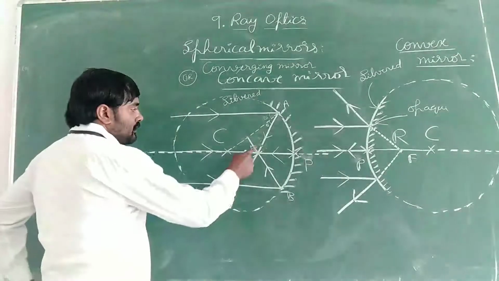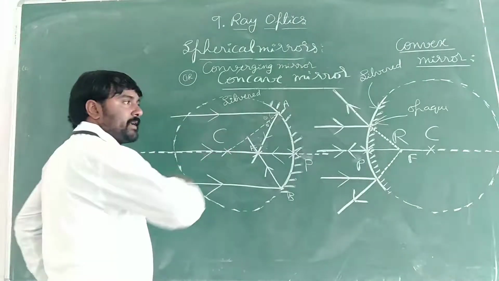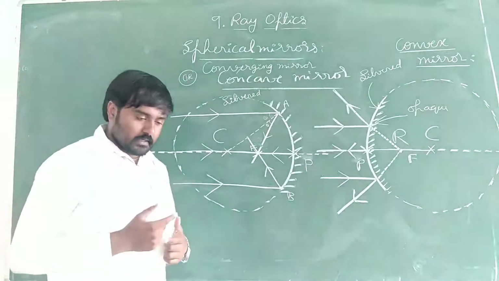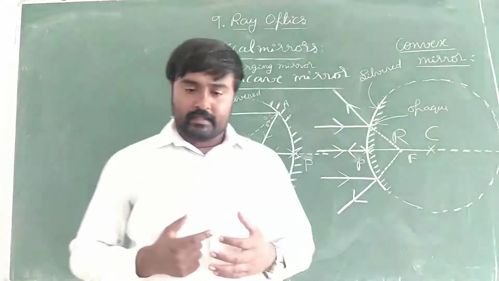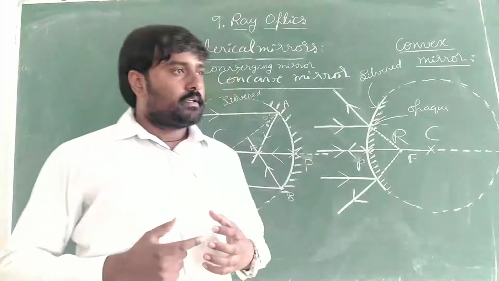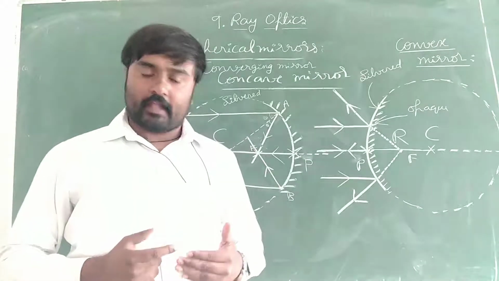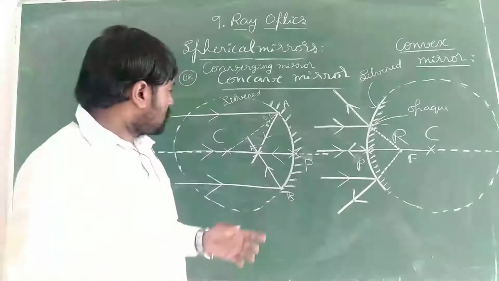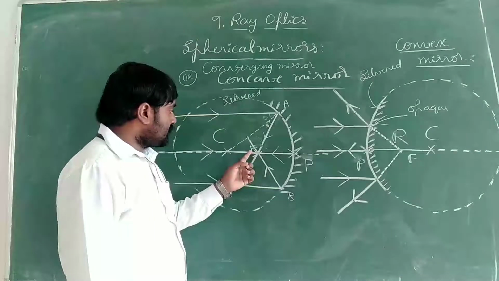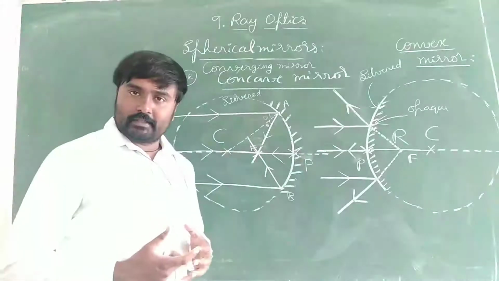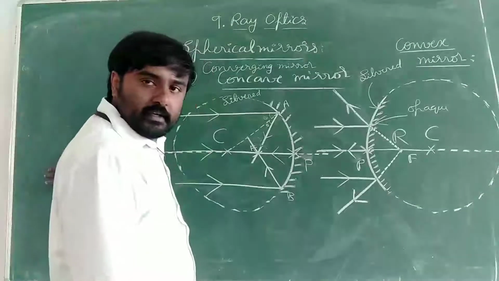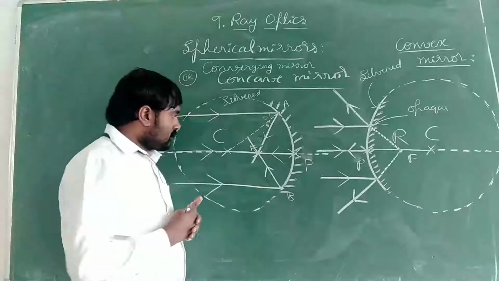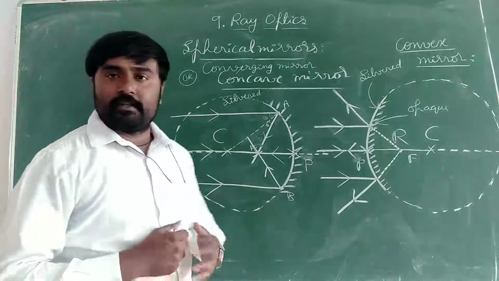Here, at this point, we will get the real image. A real image means an image that can be caught on the screen. We can touch that image. That is a real image of the infinite object.